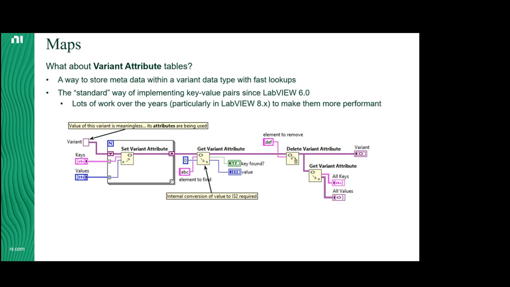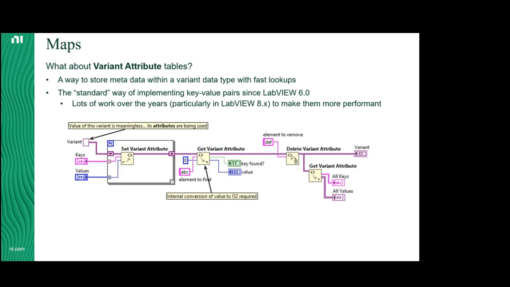And what they are is a way to store metadata with really fast lookups. So it's basically a map. That's what it is. Conceptually, variant attribute tables are a map. So if you look at the block diagram, you can see that we start off with a variant. Now, its value we never use. It's an empty variant.